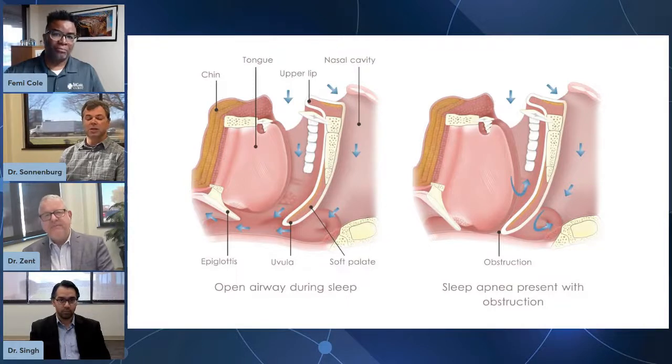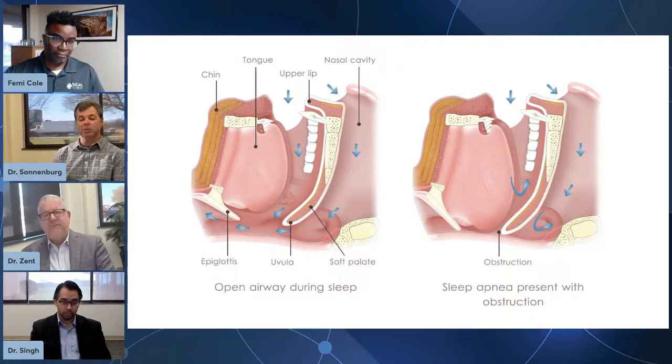That's what's demonstrated in the diagram on the right-hand side. The blue arrows get through the front of the mouth and the front of the nose, but when they get back into the throat, in what we would call the pharynx and then the larynx, the voice box, they're getting blocked and turned away. That happens when a person has obstructive sleep apnea.